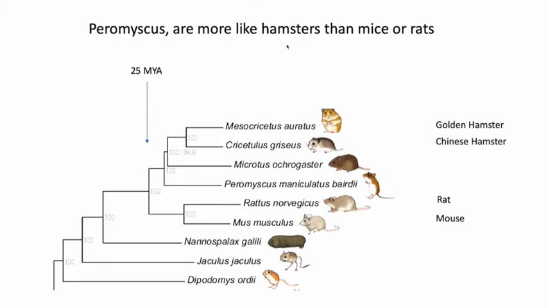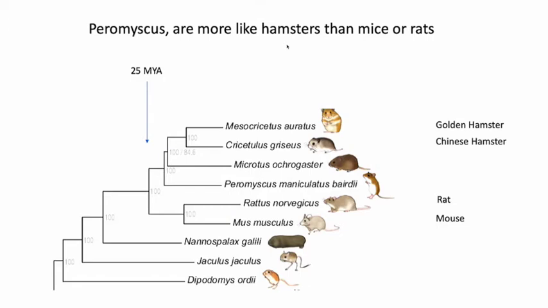But the point is that these are diverged enough that although Mus is being used as a study system, and certainly lots of Mus have been injected with Borrelia, if we really want to understand how Borrelia and their biology works, we probably have to do experiments in Peromyscus because they're quite diverged genetically and genomically.